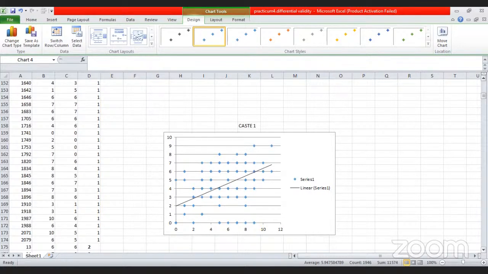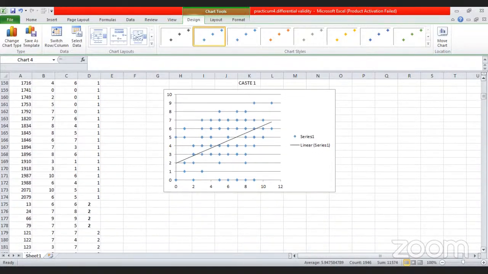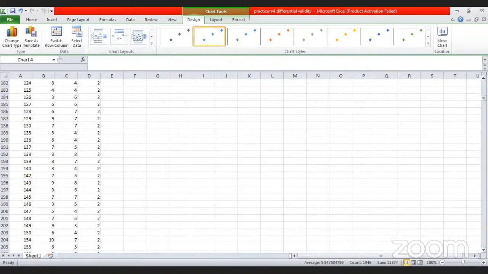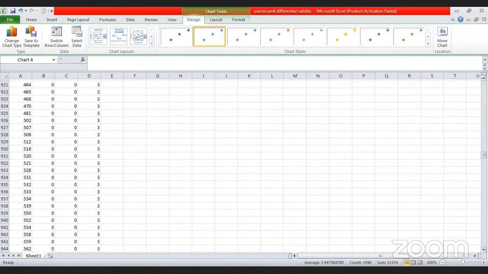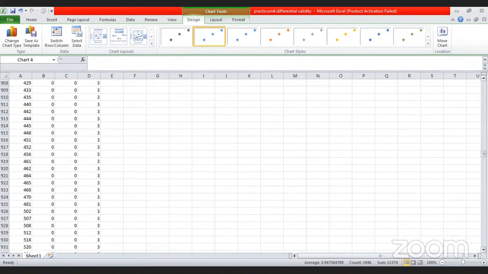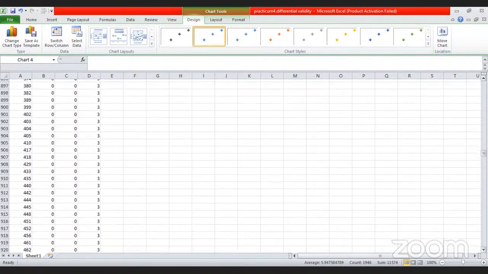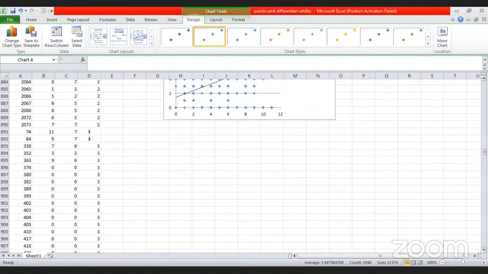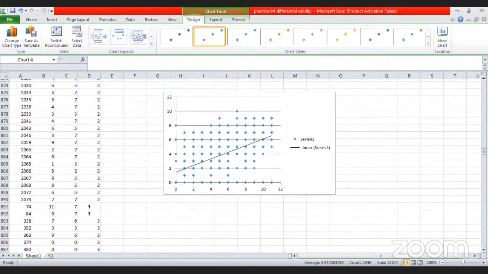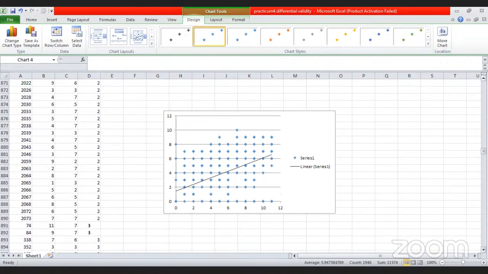Because the correlation coefficient is very, very high in the case of caste 3, the plots are very much converged on the best fit line. This is for caste 2, that is not very much converged.